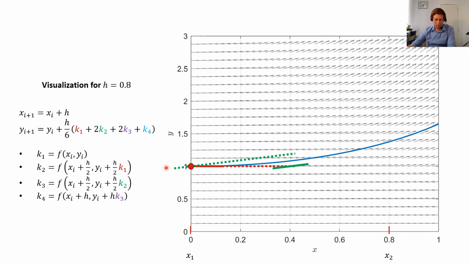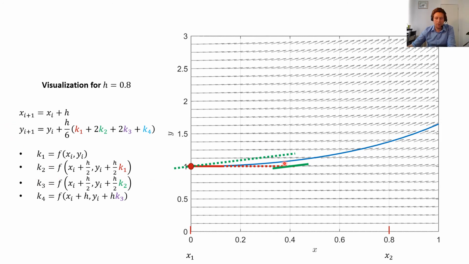And then we look at where this line crosses x is 0.4, and that will be this point over here. That is where we again sample the direction field to get another impression of what this direction field looks like, in order to compute our weighted average of these slopes that we actually use to update the solution in the final step.